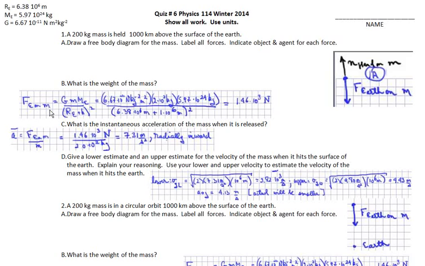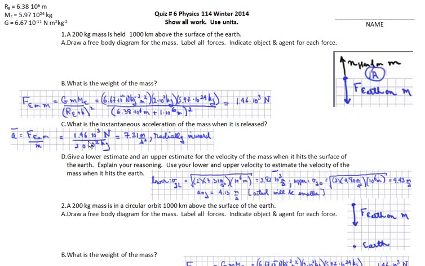The force of the Earth on the mass. The instantaneous acceleration in part C is then simply an outcome of Newton's second law. Acceleration is equal to force divided by mass. So I can take this net force, this weight that I just calculated, and when I release it, the free body diagram is simply going to be the force of the Earth on the mass.